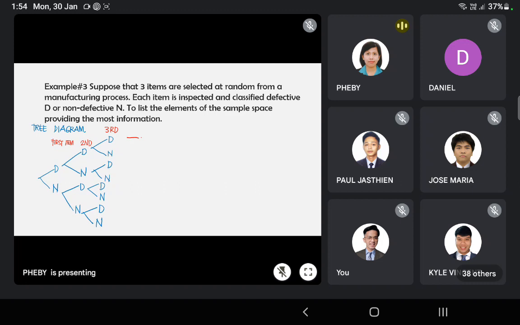So therefore, yung 3 items daw na yan, first, second, and third may be a combination of defective, and defective. So D, D, D. Defective, defective, and non-defective. Defective, non-defective, and defective. Defective, non-defective, and non-defective.